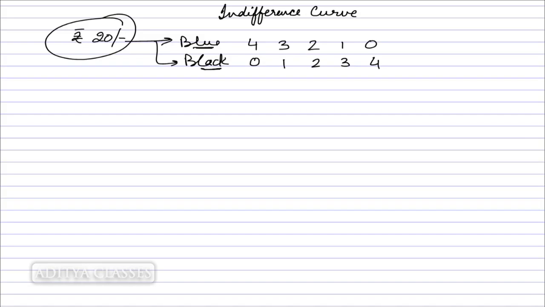So basically, these are various combinations possible for me that I could buy from these rupees 20 when I am indifferent to a choice of blue and black. If we try and plot a graph of this, the graph would look somewhat like this.